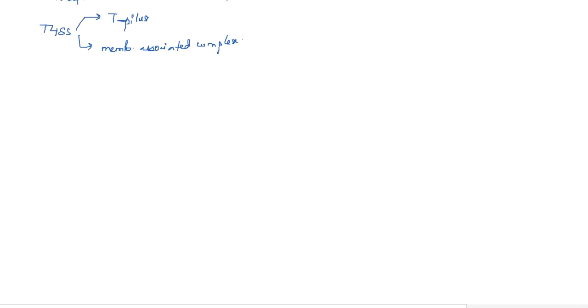Now, other than Vir D2, which is entering with the tDNA into the plant cell, there are other Vir proteins which will also enter into the host cell. What are they?